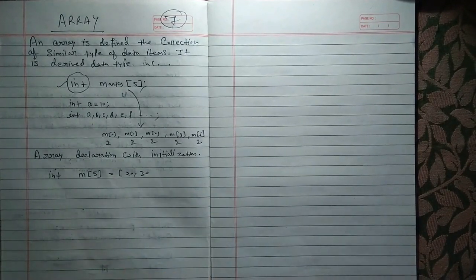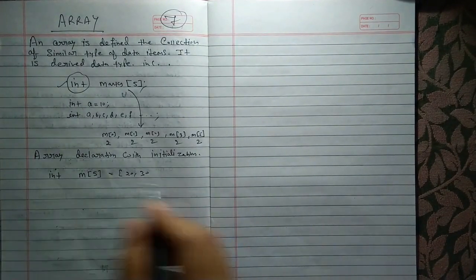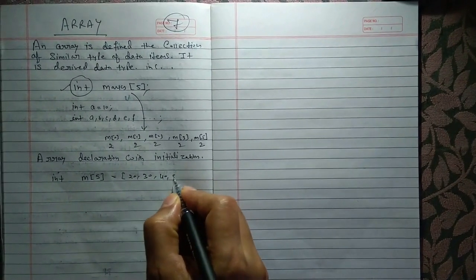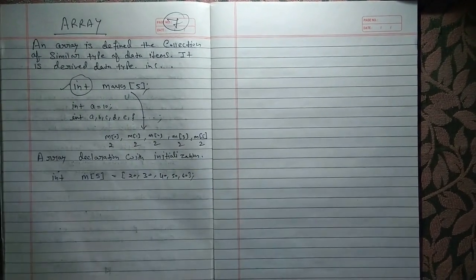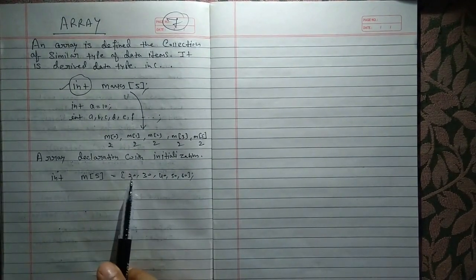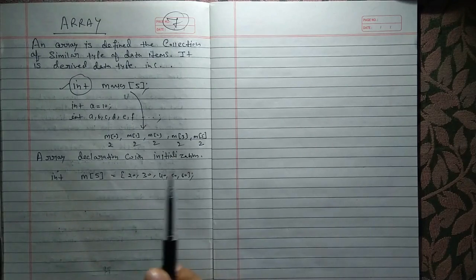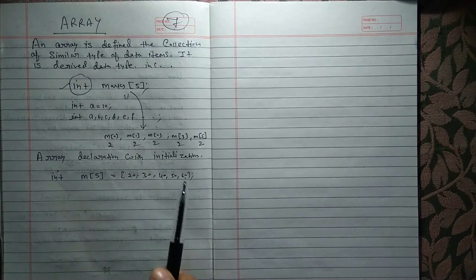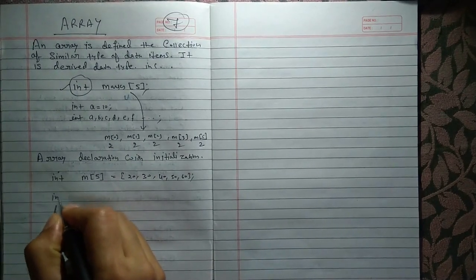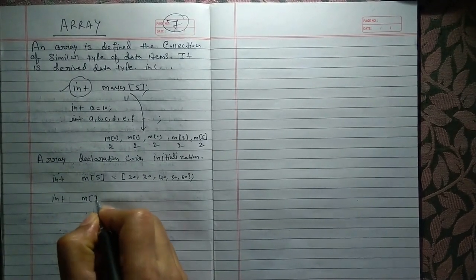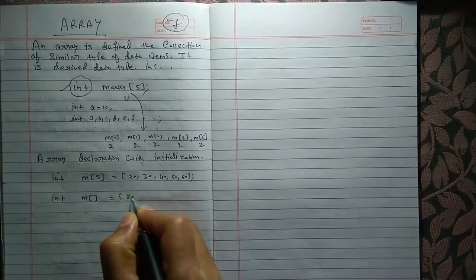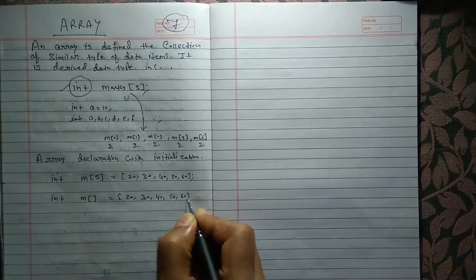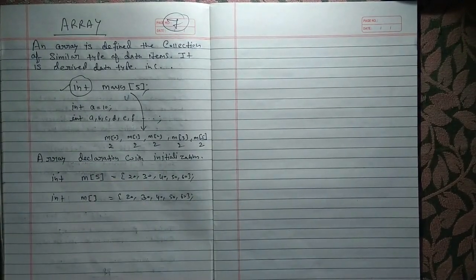No need to write scanf. Here we have written 20, 30, 40, 50 and 60. So there are a total of 5 data. m[0] is 20, m[1] is 30, m[2] is 40, m[3] is 50 and m[4] is equal to 60. And if you write int m[] = {20, 30, 40, 50, 60}, both are the same.